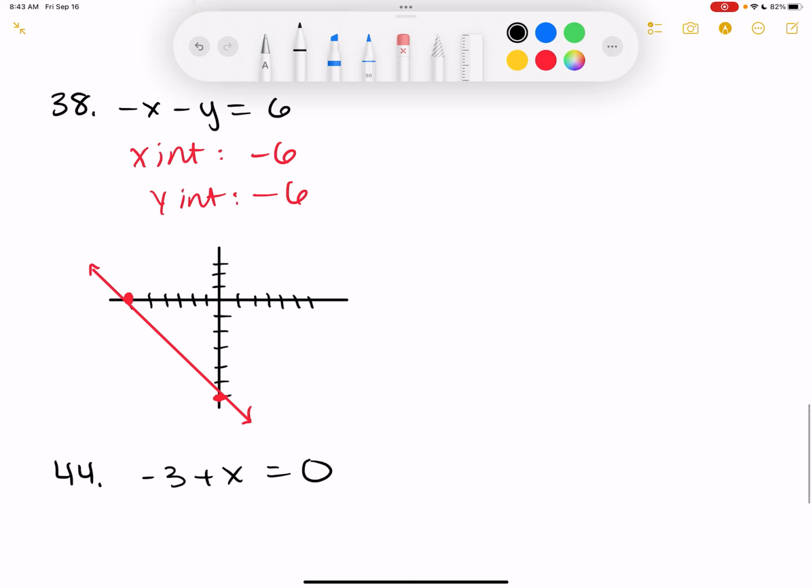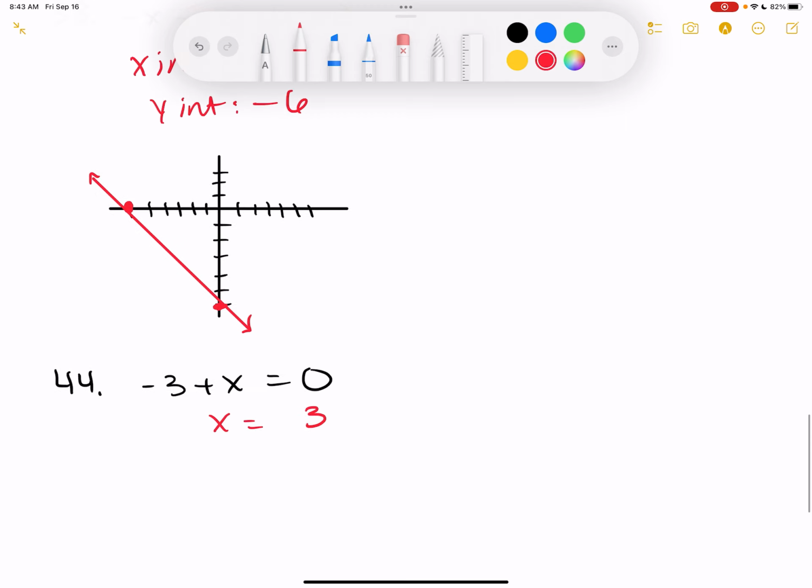Move the 3 over, so x equals +3. So then, what does this graph look like? Vertical line at x equals 3. I just remember because from Algebra 1, the x is like the v, and with the y it's an h.